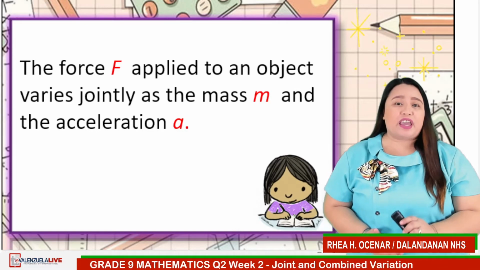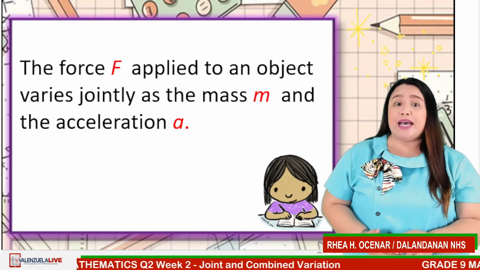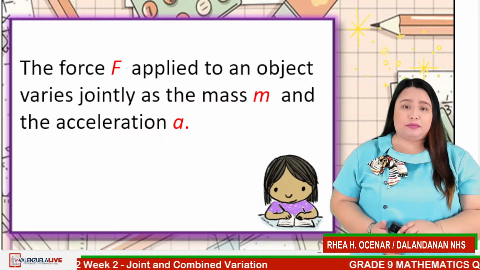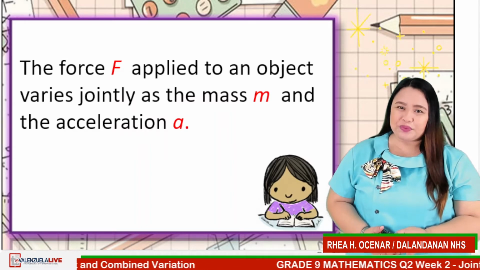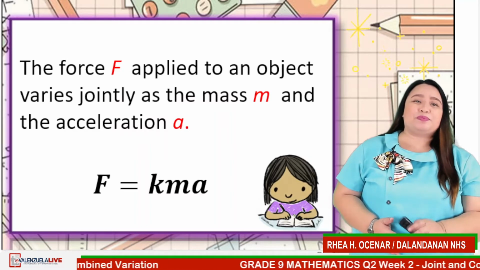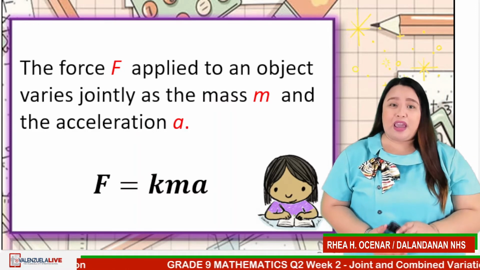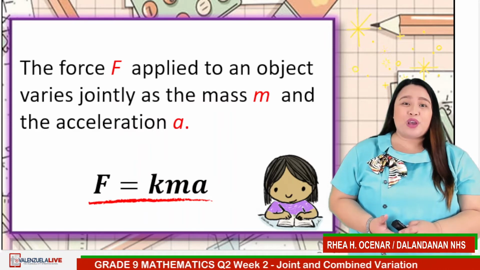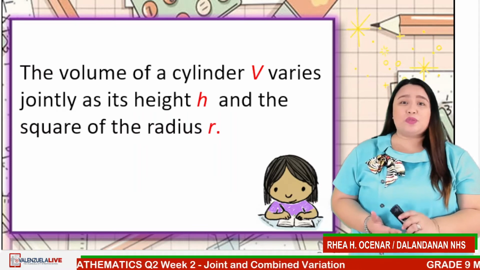How about this statement? The force F applied to an object varies jointly as the mass m and the acceleration a. Type your answer now. The answer is F is equal to KMA. Did you get the correct answer? You're doing great. How about this one?